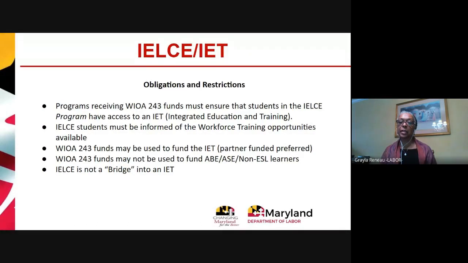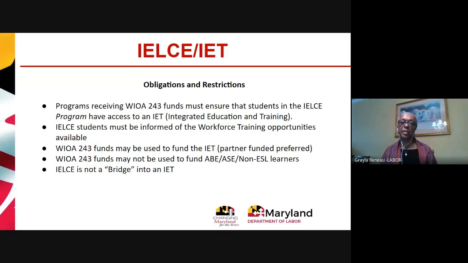The students in the IELCE component must be informed of the workforce training opportunities that are available to them. WIOA 243 funds may be used to fund the IET, but once again, it is preferred that you find a partner who will fund that training for you because it is a better use of the funds that you receive. And it also helps you to have a better quality program.